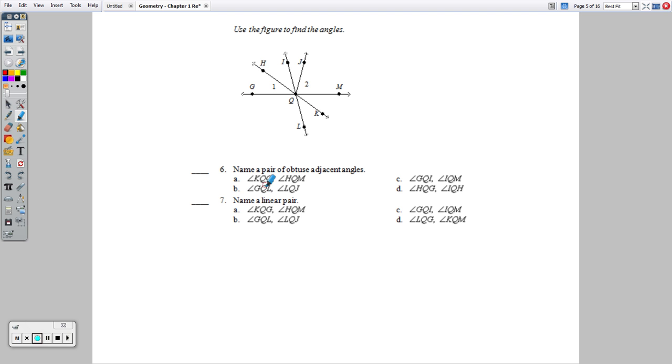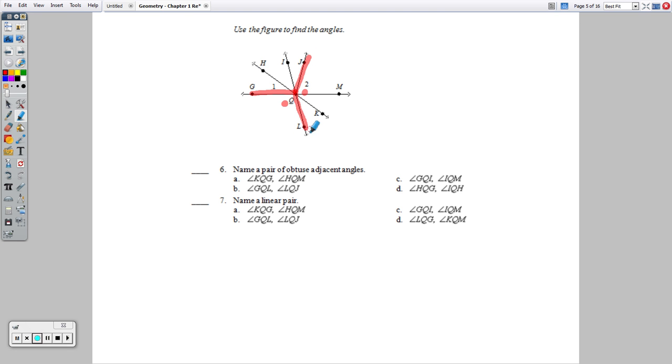Let's check out this one, GQL. Here's GQL. And LQJ. So LQ and J. So it would be this angle right here and this angle right here. Are they obtuse? I would say this one, it's clear looking at the picture that that's a little bigger than 90.